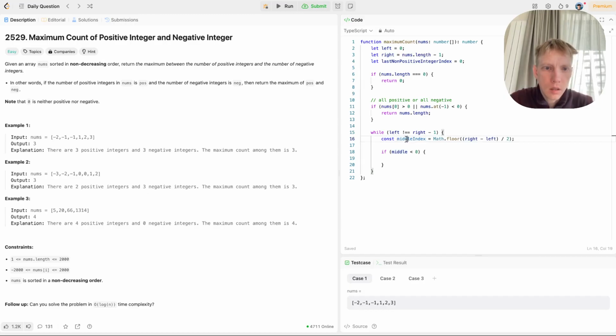Middle value is nums at middle index. If middle value is less than 0, then we're moving left. Left equals middle index plus one.